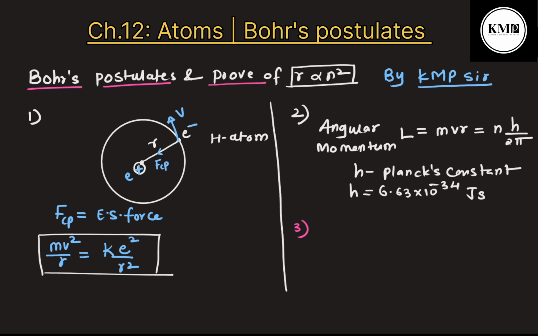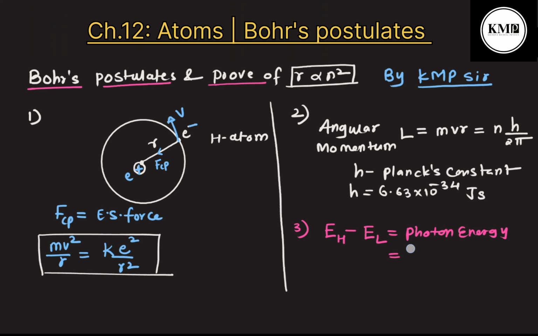As per Bohr's third postulate, when an electron makes a transition from one energy level to another energy level, it emits a photon, and that is given by the higher orbit energy minus the lower orbit energy is equal to photon energy.